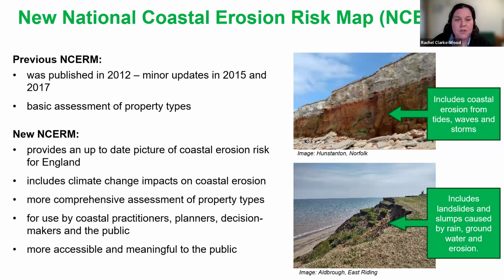The project has made use of the best available data and methods that we can at that national scale, and it uses data collected by the National Coastal Monitoring Programme, which provides really high resolution information of coastal change. We have used the latest climate scenarios on sea level rise with new modelling approaches to show the potential impacts on rates of erosion and on the deterioration of defences that prevent or reduce that erosion.